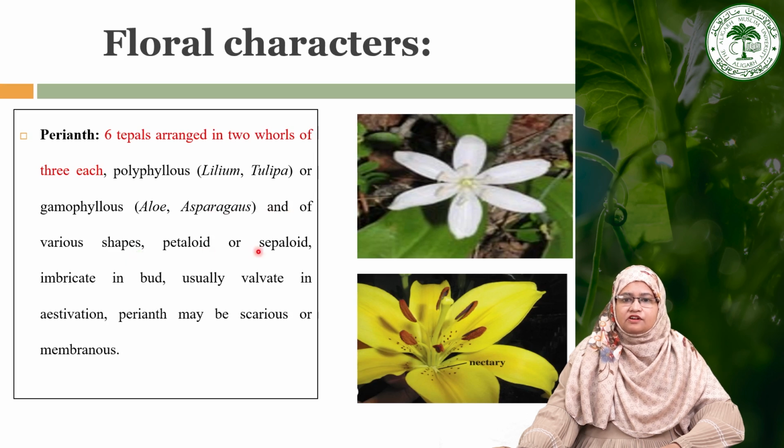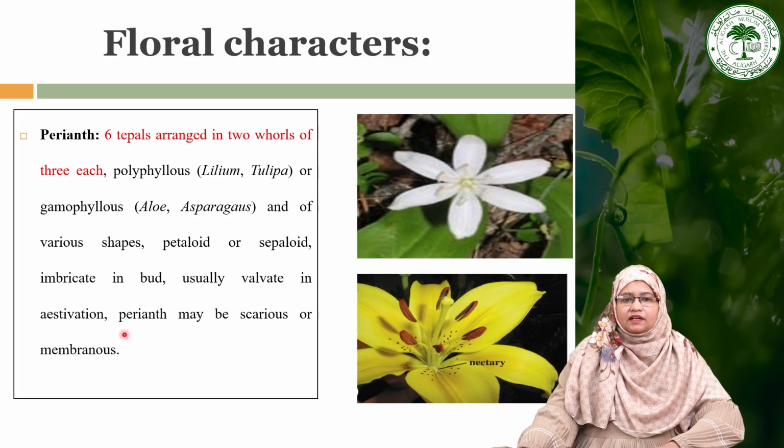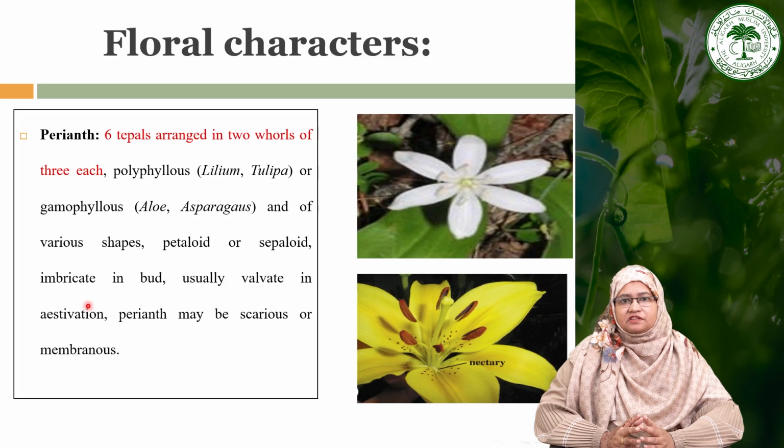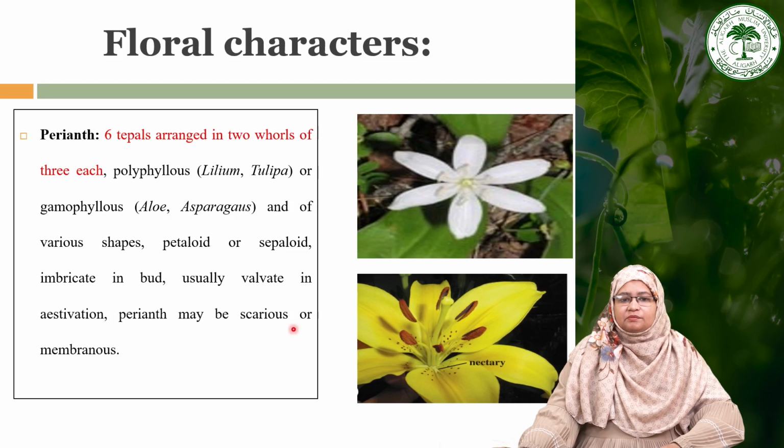They may be petaloid or sepaloid. As you can see here they are petaloid in nature, but sometimes they may be sepaloid, or distinct as sepal and petal. In general they have an imbricate arrangement in bud, but usually a valvate arrangement on opening of the flower. The perianth may be scarious or membranous.